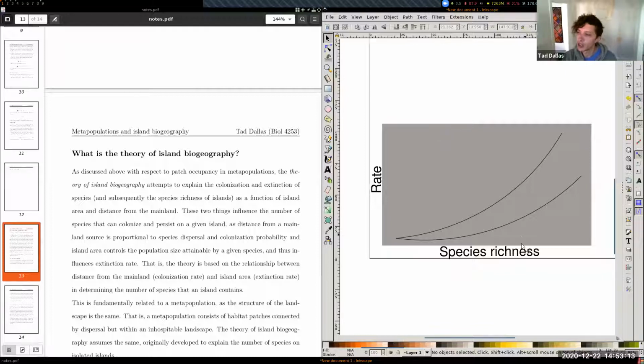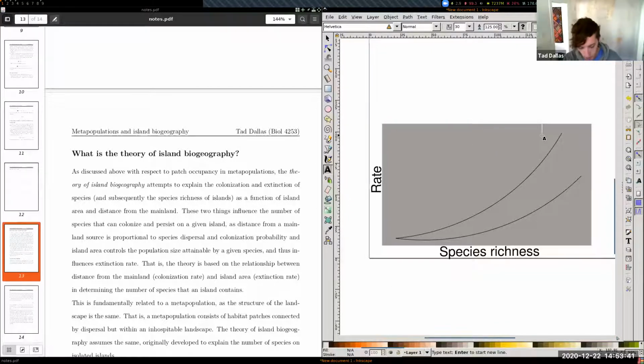How these extinction rates differ with species richness is based on the area of the island. So we would assume that small islands have a higher extinction rate. This is already harkening back to ideas of metapopulations, where everything is controlled by extinction and colonization.